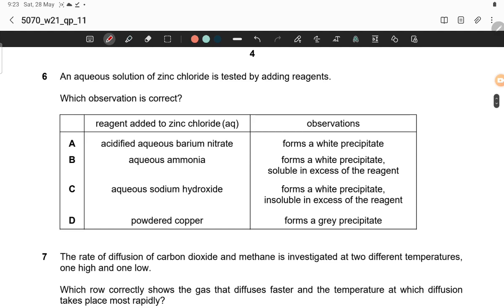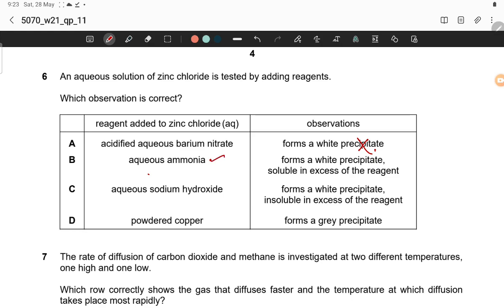Question number 6. An aqueous solution of zinc chloride is tested by adding reagents. Which observation is correct? Acidified aqueous barium nitrate forms a white precipitate. It is incorrect. Aqueous ammonia forms a white precipitate soluble in excess of the reagent.